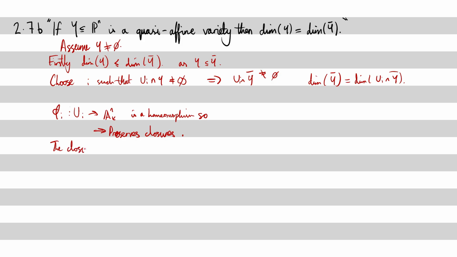The closure of Y intersect U_i is this. This is just a property of closures. So, the closure of Y intersect U_i within phi is this.